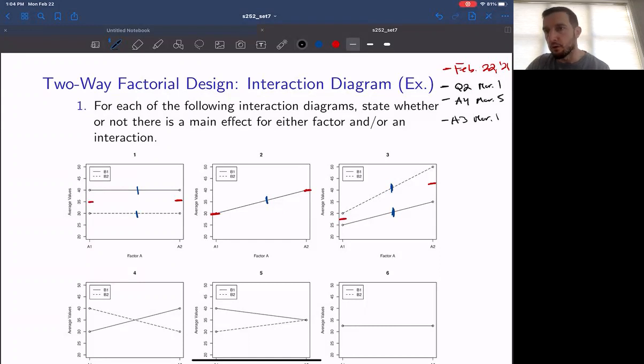In lecture set 4, we studied one-way ANOVA. In lecture set 5, we studied residual analysis and multiple comparisons and contrasts following from the one-way ANOVA. And then in lecture set 6, we studied completely randomized block designs, and we also discussed the contrasts and the multiple comparisons that would follow from a completely randomized block design.